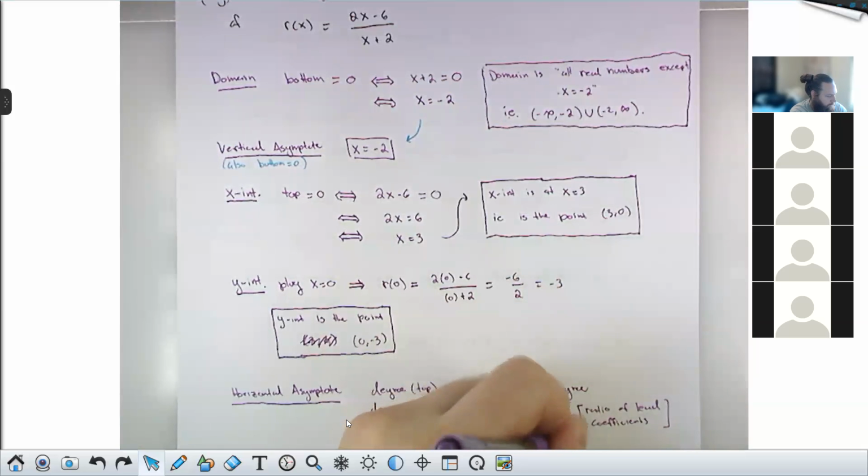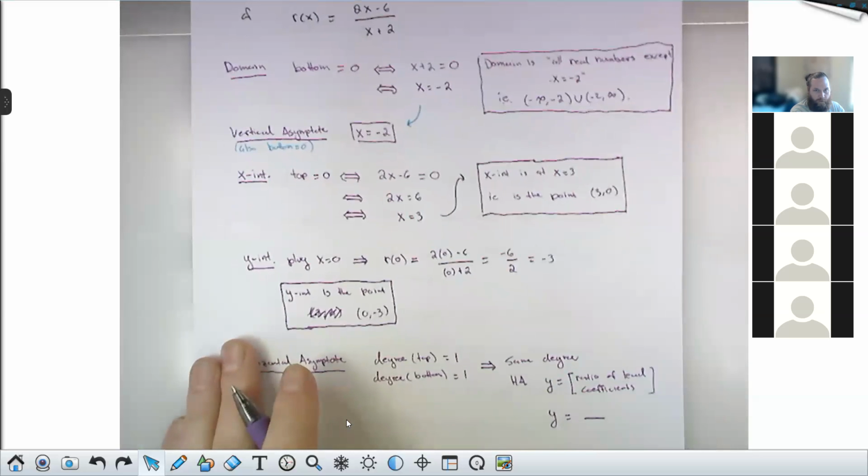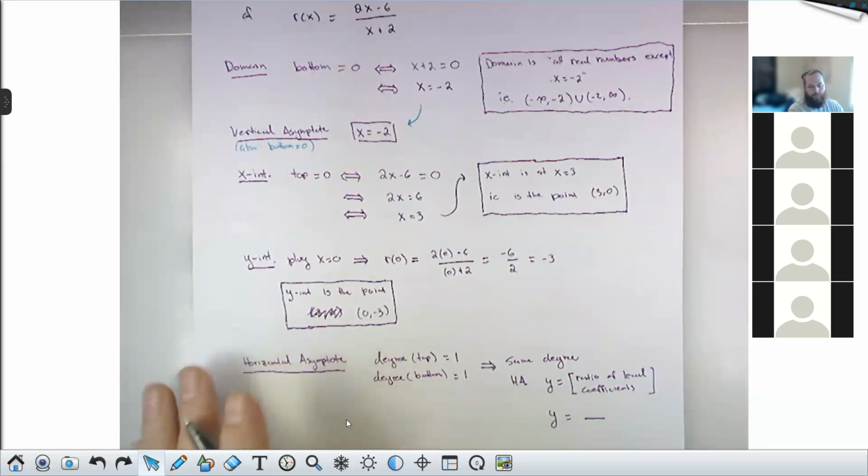which is, so ratio means fraction, right? So I'm going to start by just saying, okay, this line is going to be y equals some fraction. The numerator is going to be the lead coefficient of the polynomial in the top. So what is the lead coefficient of 2x minus 6? 2. 2, right? The largest power of x here is x to the 1.